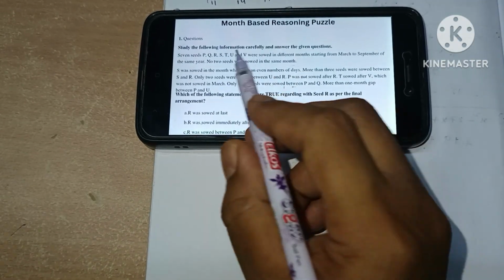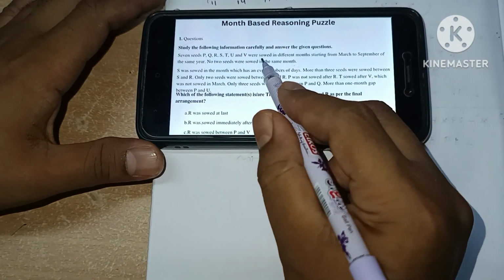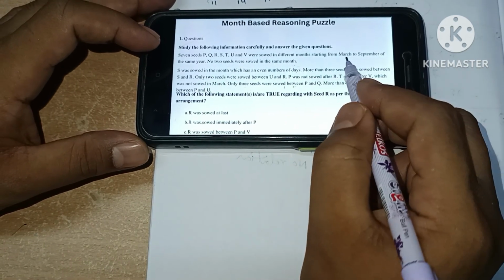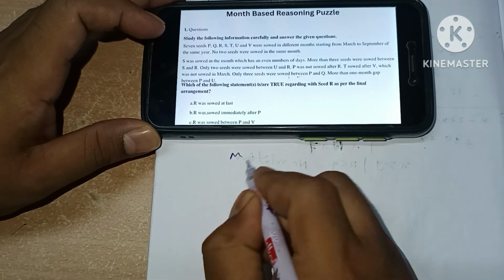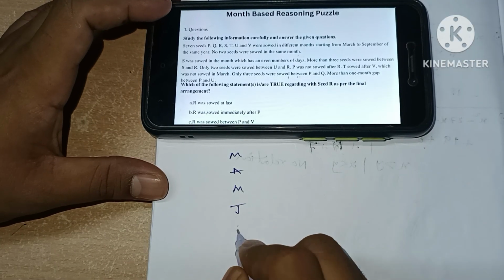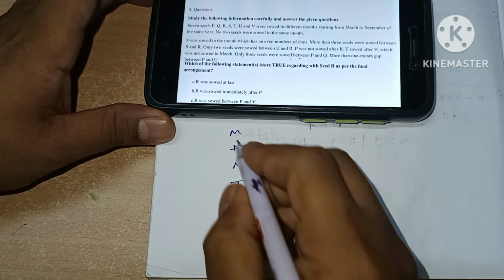Now we are going to see a month based reasoning puzzle. Seven seeds are sowed in different months, March to September. So March, April, May, June, July, August, September.